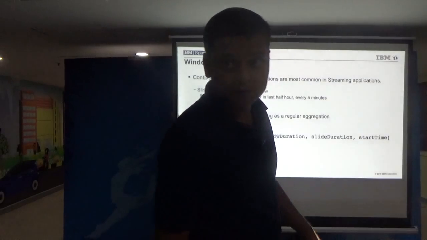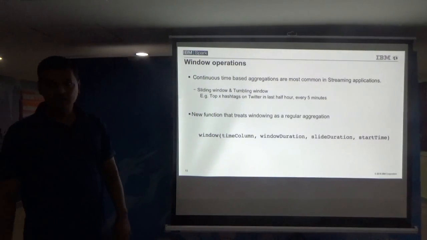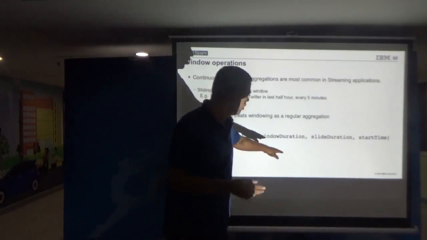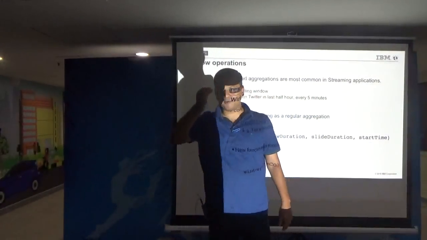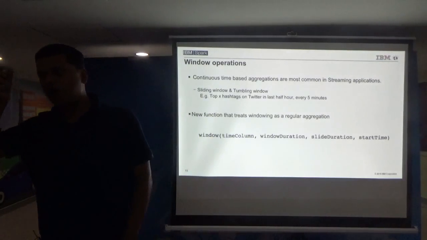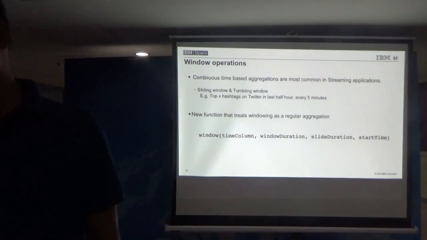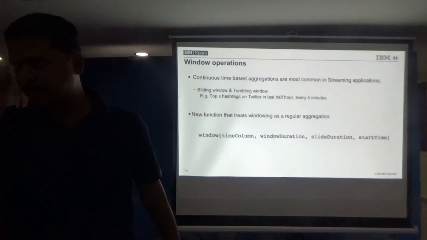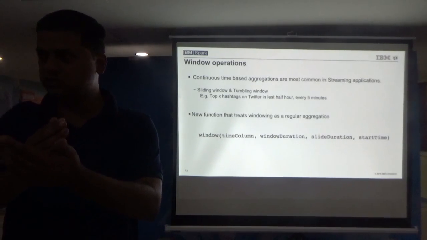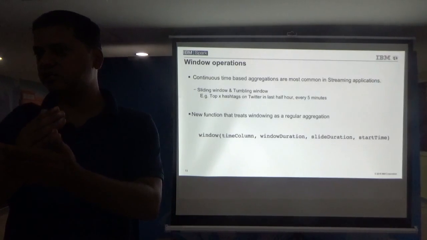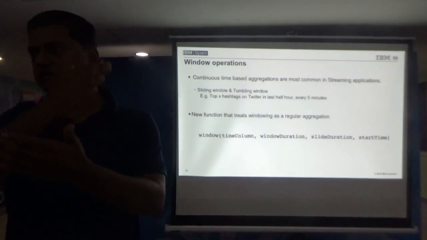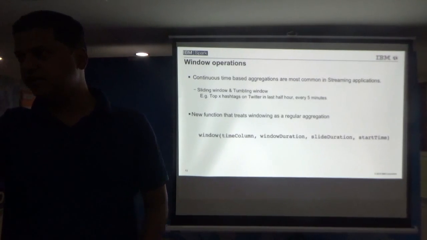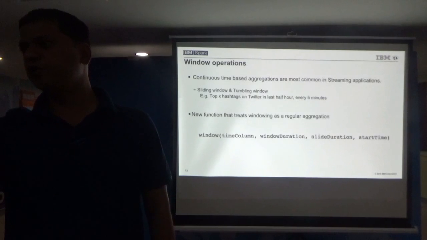So is start time applicable only for the first frame or for all subsequent frames? It will depend on how you want to have your sliding window minutes, right? Once you start, let's say you took 00 as starting. I never gave a starting, so that means start from 00. So always from that period, you'll have your windows for 10 seconds sliding: 00 to 10, 10 to 20, 20 to 30.